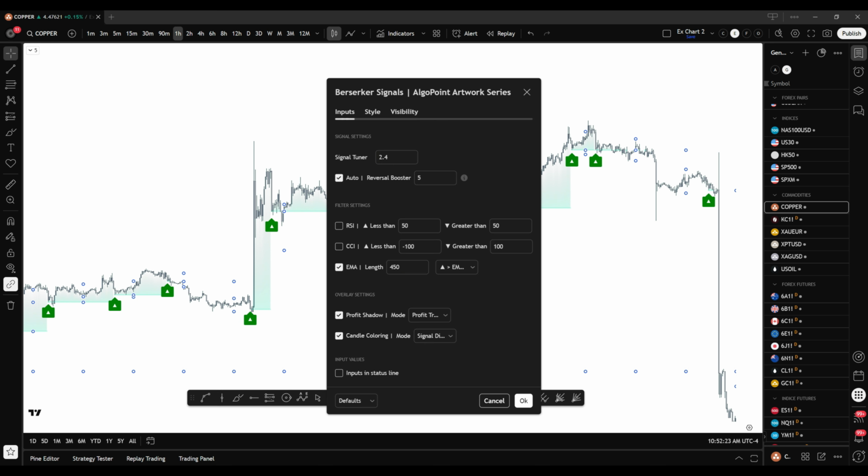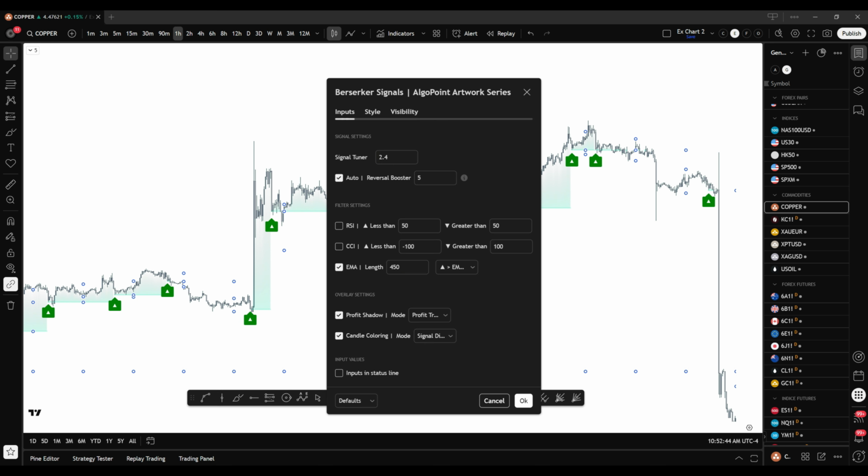And so if I were to buy an AlgoPoint indicator and had to choose between the investment tool or the Berserker Signals, I would probably end up going with the Berserker Signals because this is actually not that bad. Although I do wish there was a little bit more, but it is what it is.